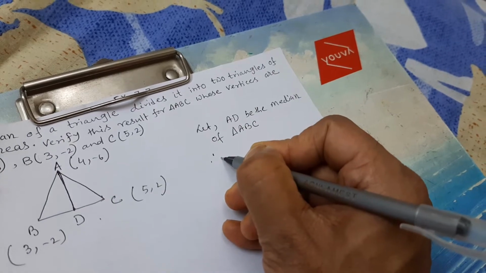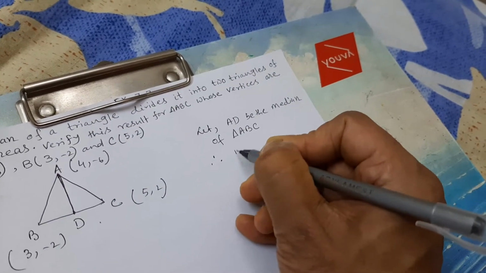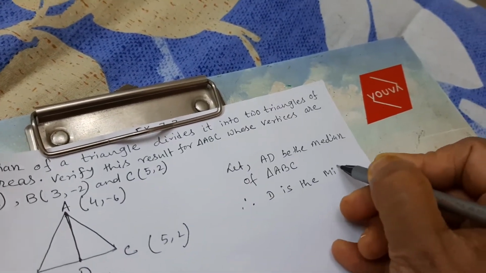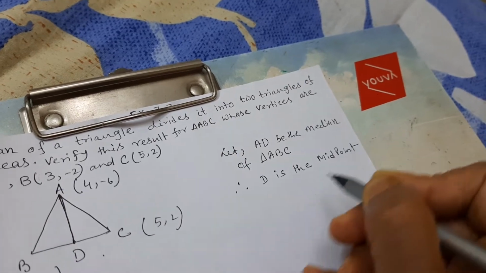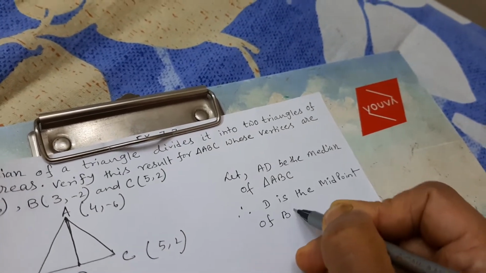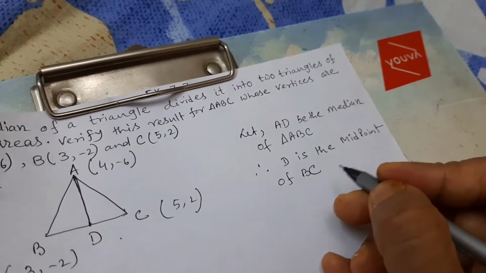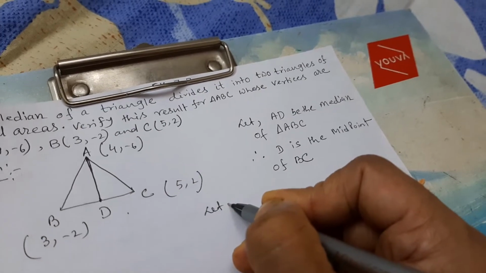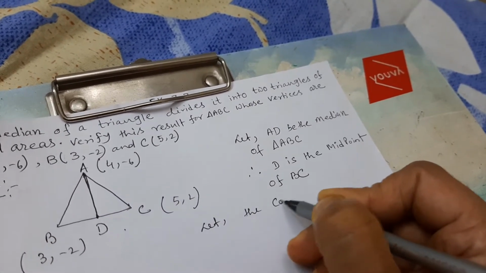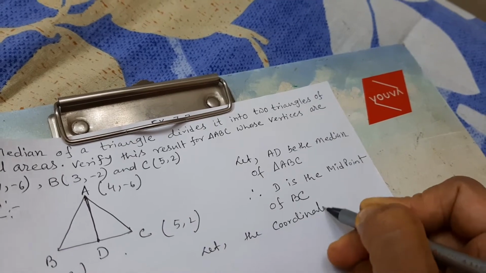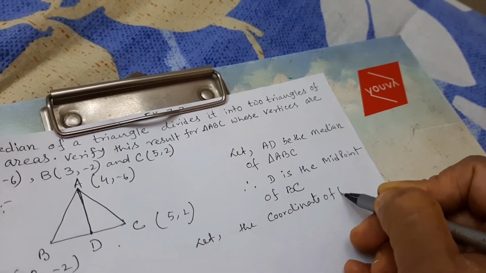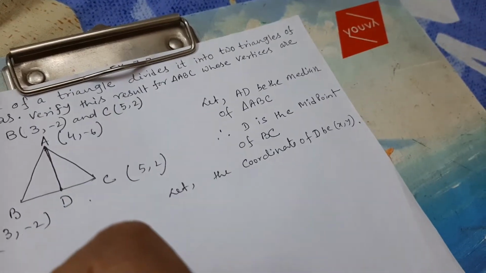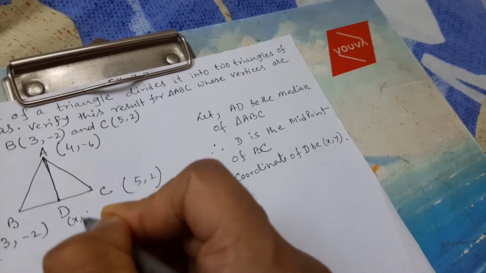Therefore, D is the midpoint of BC. Let the coordinate of D be (x, y). That means this D point is (x, y).